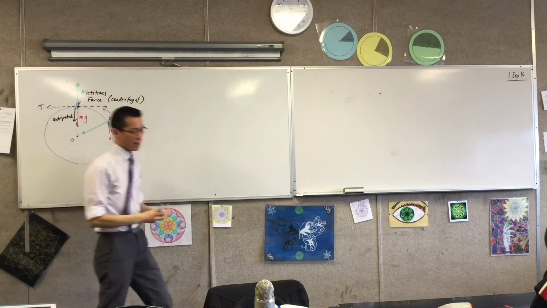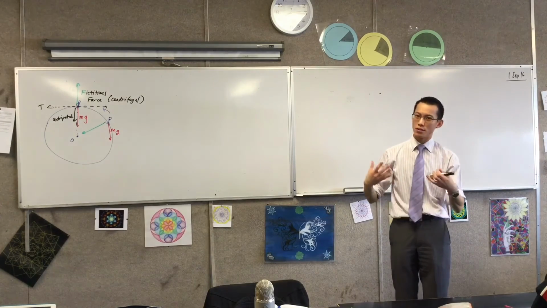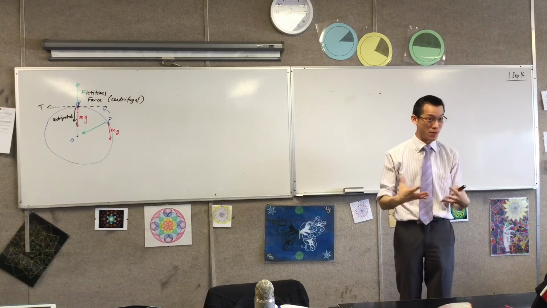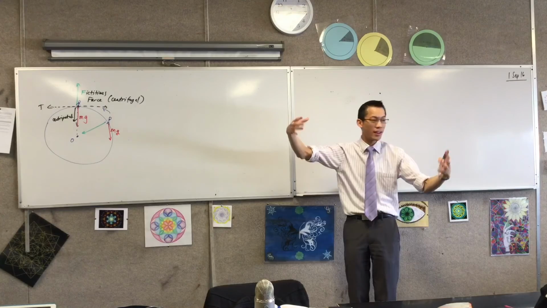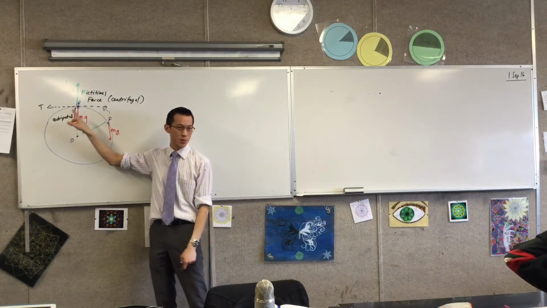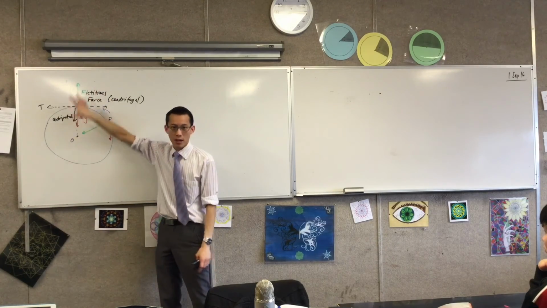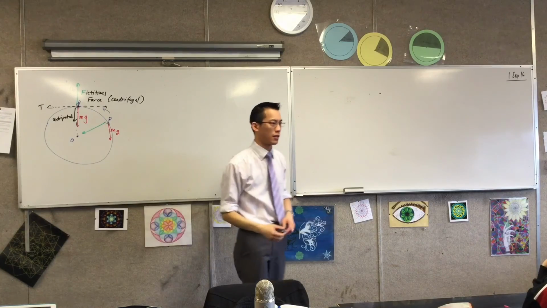Okay? It's not actually a force in the way that gravity is a force, but it's what you experience. It's what clothes in a washing machine experience when they get flung towards the outside. Okay? So this force is what balances with the weight force. Okay? And so you've got to work out a speed that will make these exactly the same in terms of gravity and all that kind of thing. Okay?